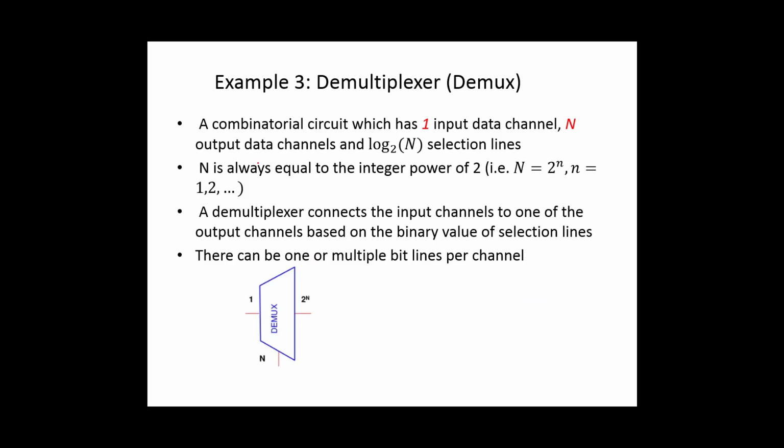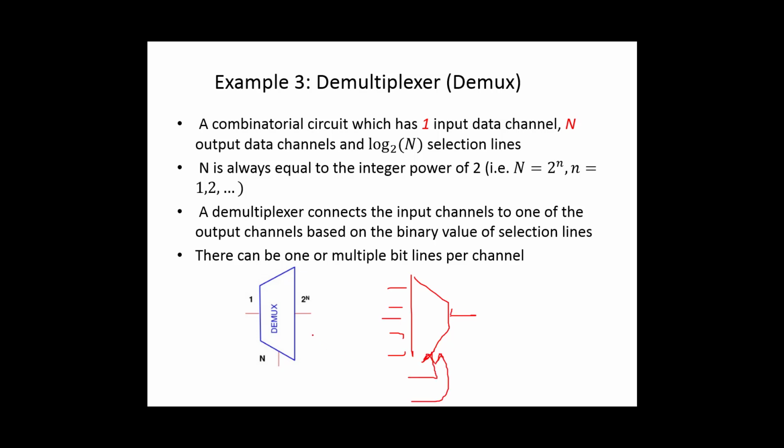Our next component is the demultiplexer, and demultiplexer has an operation which is somewhat inverse of multiplexer. While the multiplexer symbol is like this, it connects multiple inputs to one of the output depending upon the select line.